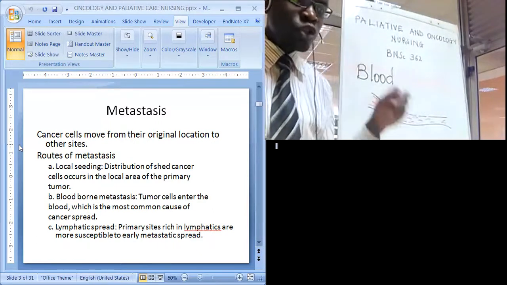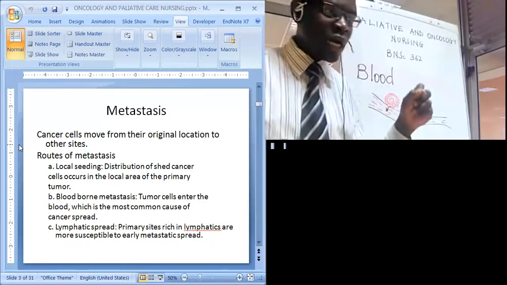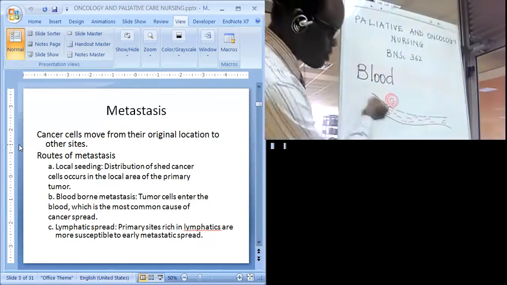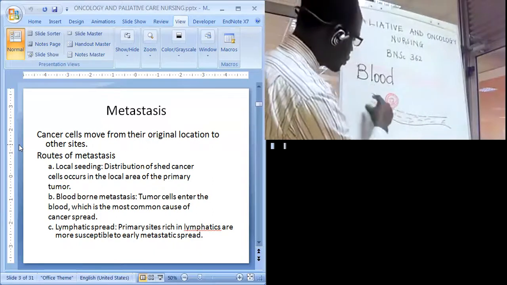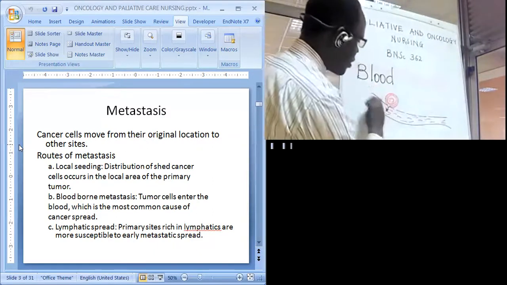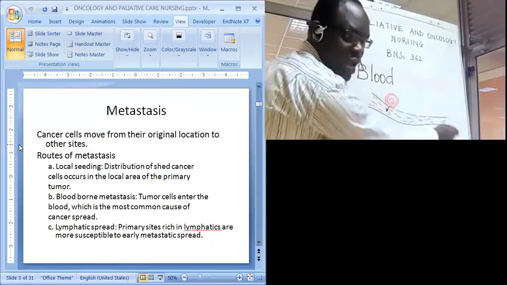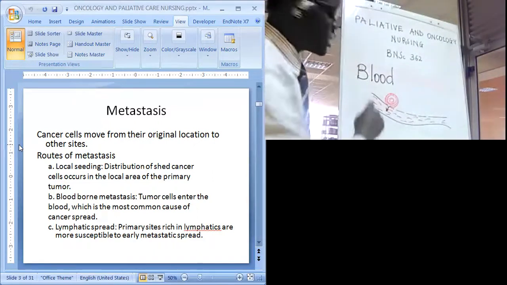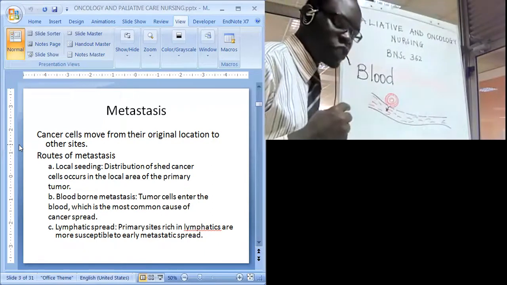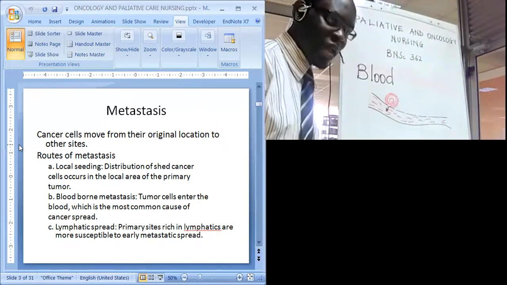So lymph is actually a movement. We have the lymphatic ducts that transfer lymph, or the interstitial fluid that has not been able to be transported back to the blood system.